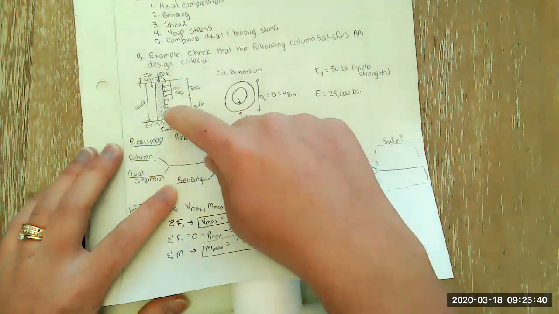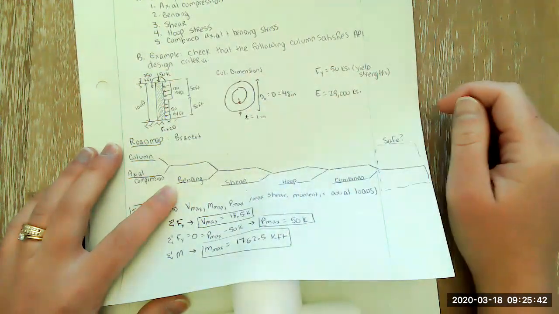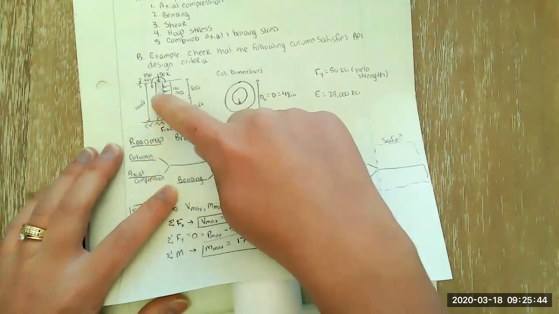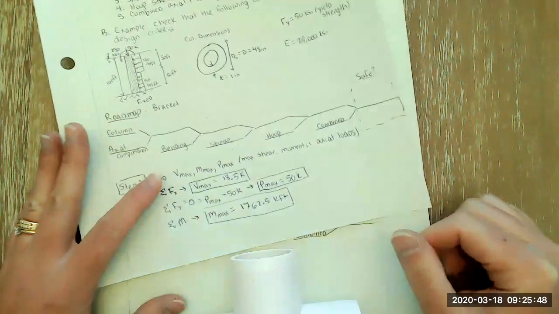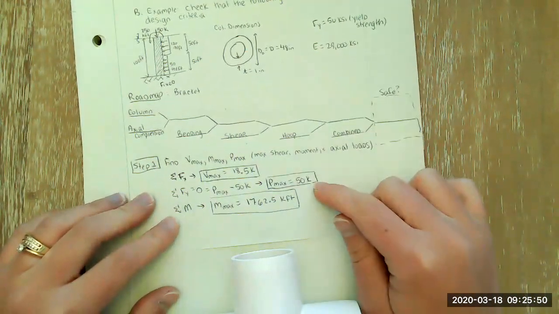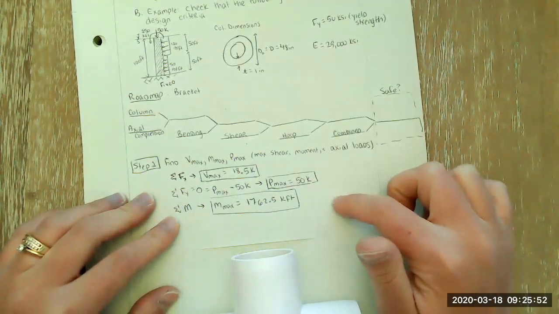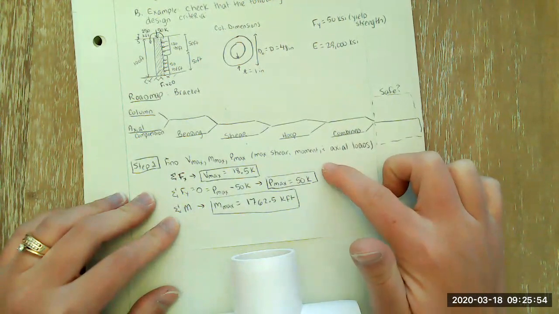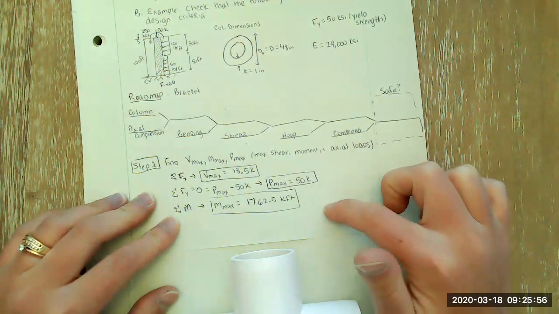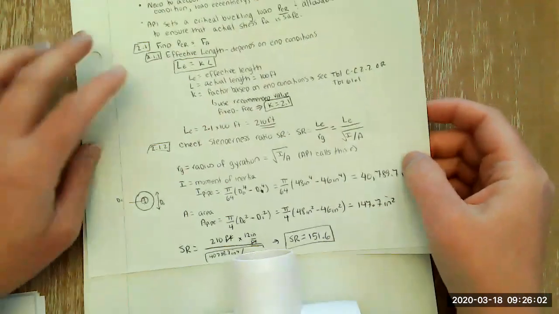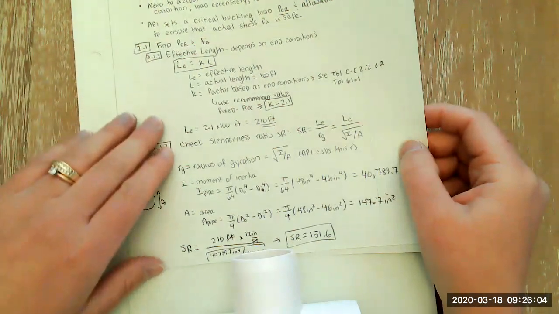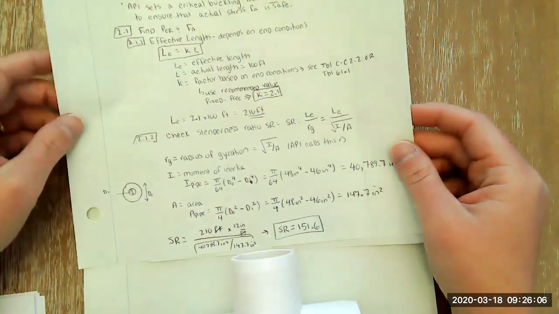We have these loads: a 50 kip axial load, a 250 kip-foot moment, and some lateral loads, maybe due to a current or something. The first thing we always have to do is use statics to find our maximum shear, maximum axial load, and maximum moment. Then we can step through our axial compression check. That starts with finding the effective length. All of this is to find our critical buckling stress.